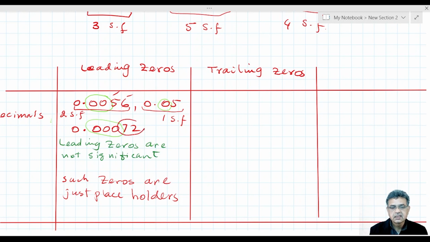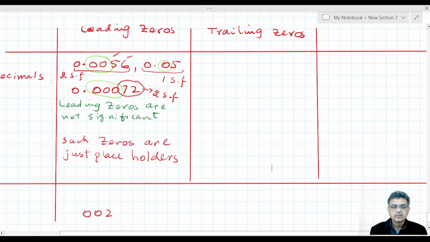In this case, this is two significant figures. So these zeros do not decide the significance of the number. They are just placeholders.